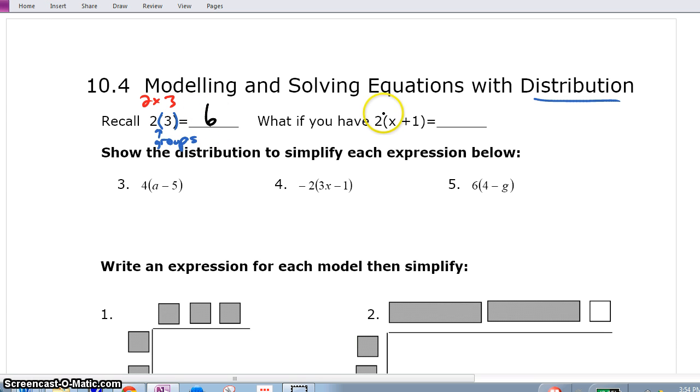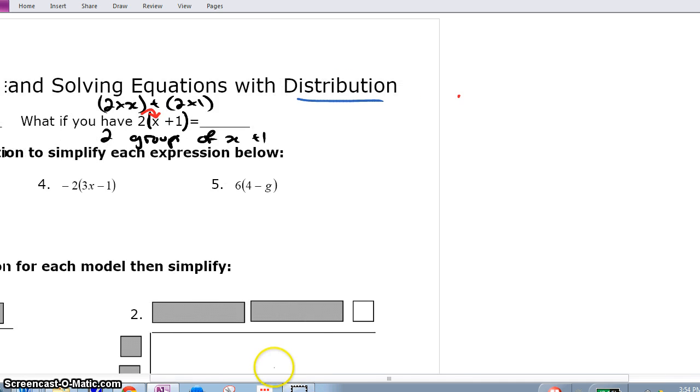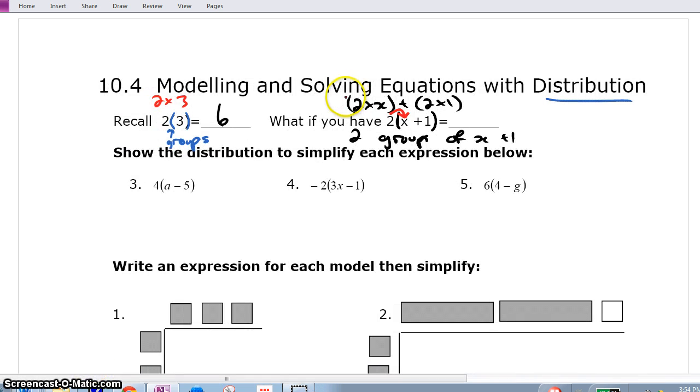Now that distributive property tells us that if we have two groups of x plus 1, we have 2 x's and we have 2 1's. So I like to show that like this. There's our 2 x's in red. Sorry about that, guys.